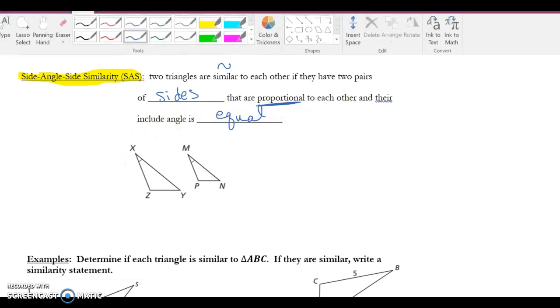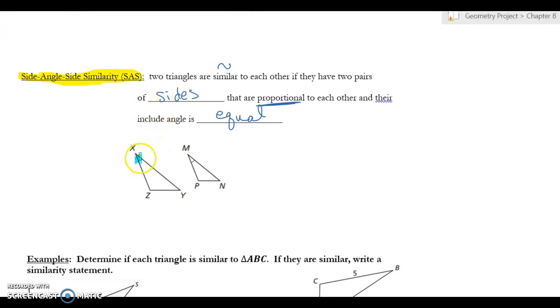Okay, so right here, if you notice, I already have this included angle. So I have that part, that's the A. What I need to get is the side and the side, and those sides squish the angle. So here's one side that squishes, and then the other side that's going to squish it, let's go purple, is here.